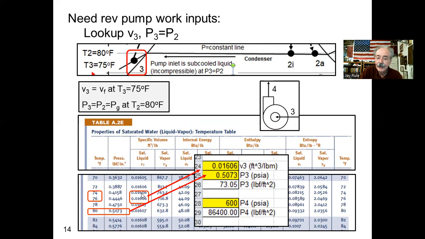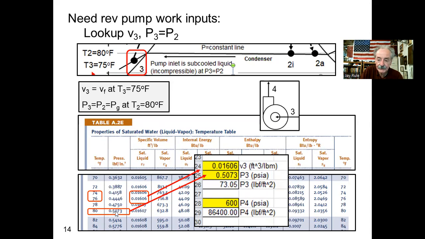I need the pressure at the inlet of the pump. Now, I know the condenser pressure, the condensing from vapor to liquid, occurs at 80 degrees F. So I've got to go to my temperature table at 80 degrees F and see what the saturation pressure is at that temperature.